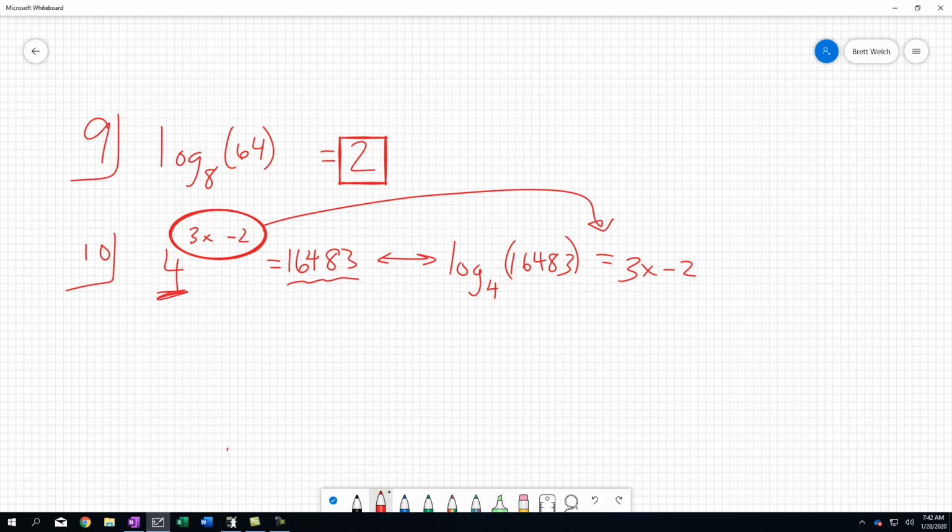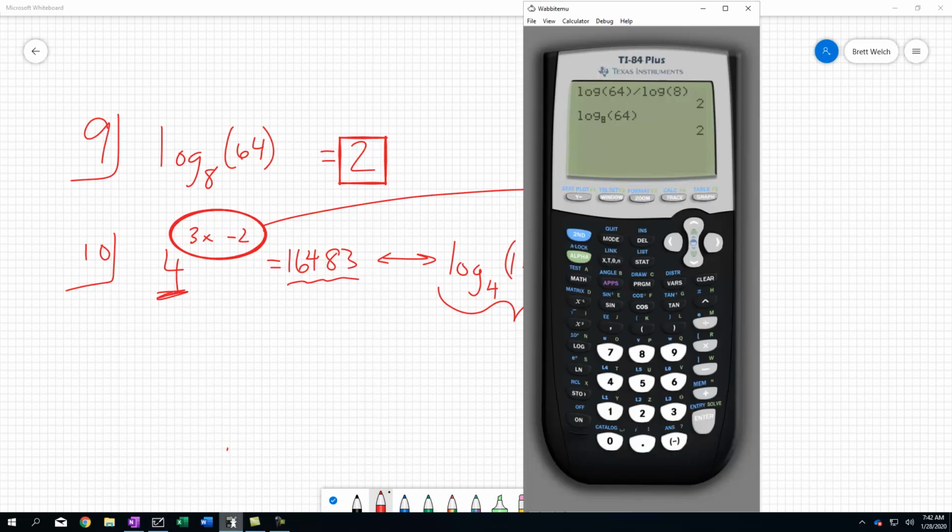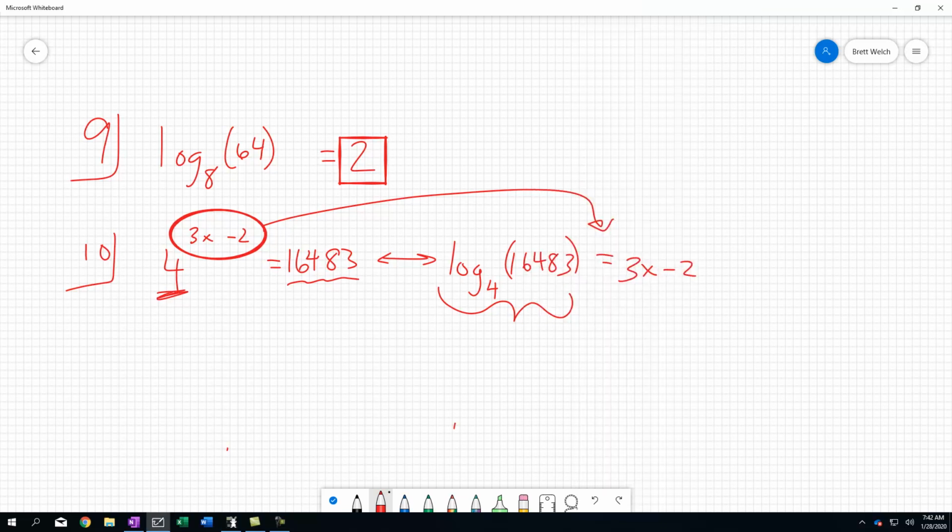All right, so now we can evaluate this in the calculator using the same thing we just did. So this would be math, scroll up to log base, the subscript was 4, and we were doing 16,483. We get roughly 7.004. So 7.004 equals 3x minus 2.